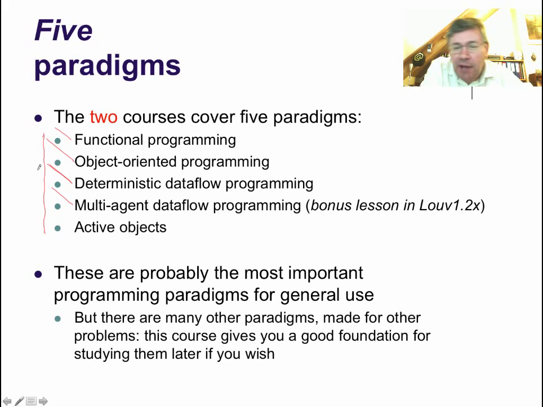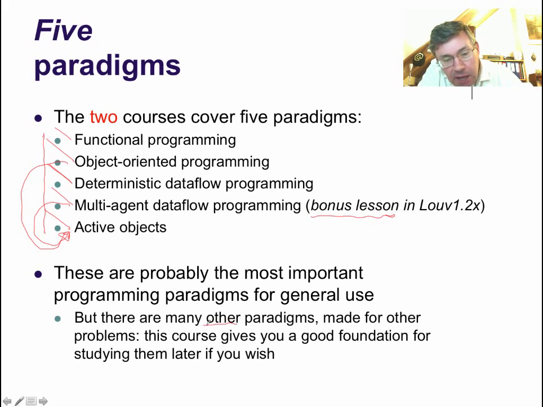In fact it's added as a bonus lesson in Louvain 1.2x. And then a 5th one, active objects, which essentially combines multi-agent data flow with object-oriented programming to take the advantages of both. So these are probably the most important general programming paradigms.